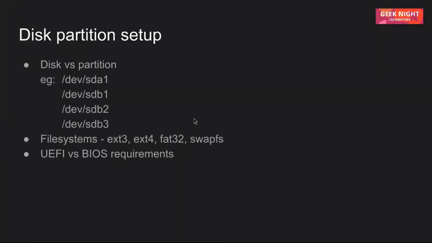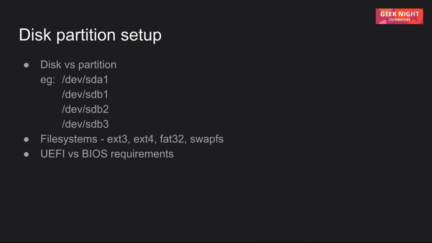So let's talk about disk versus partition. We might have used partition and disk interchangeably, but a partition is a subdivision of a disk itself. If we take a physical hard disk, the entire thing is called a hard disk. We can have multiple partitions made inside the disk.